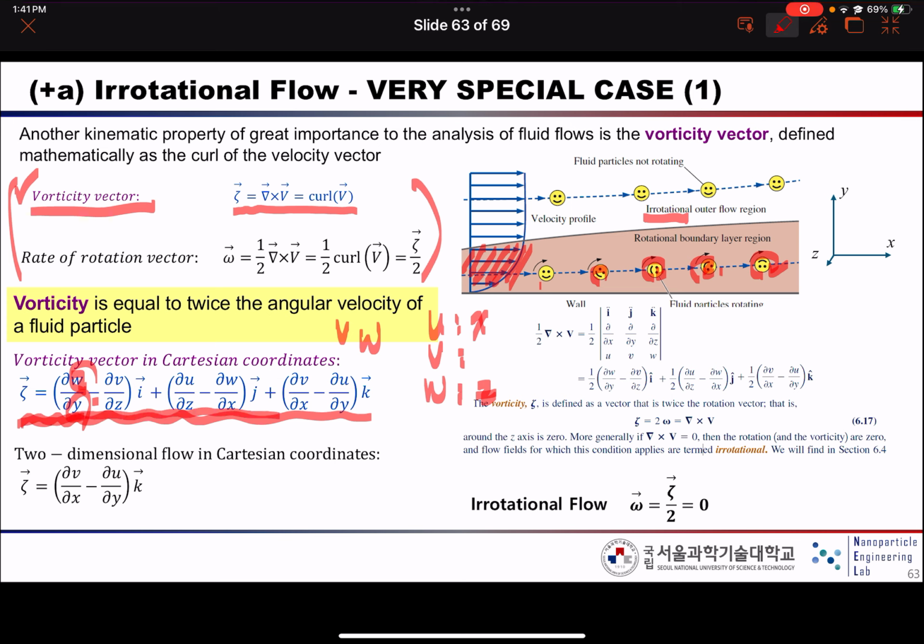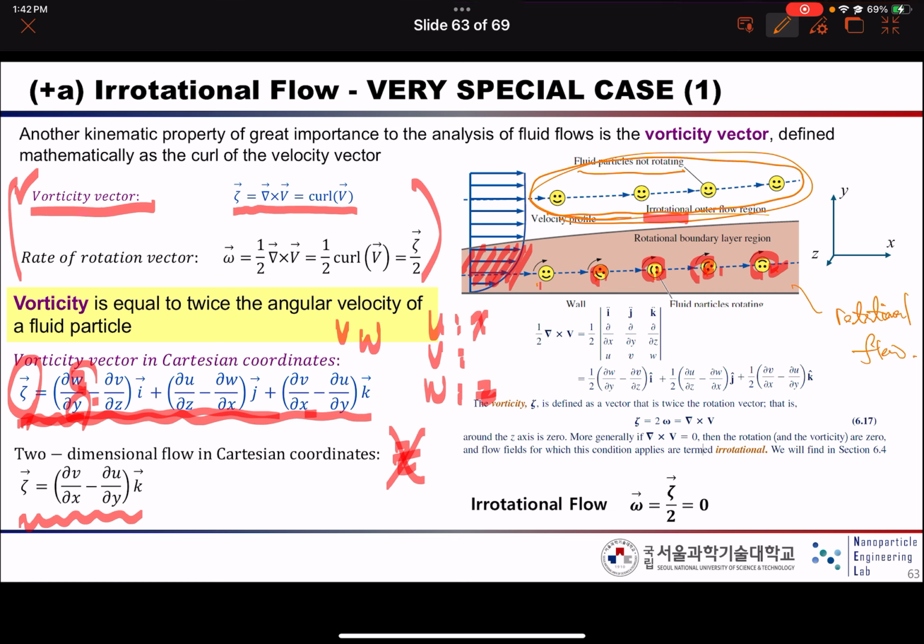If you use this concept, you can calculate the vorticity, and for two-dimensional flow, which means there is no z, the vorticity can be written like this, okay? So irrotational flow means that the fluid particles do not rotate. But if the fluid particles are rotating, we call it rotational flow.